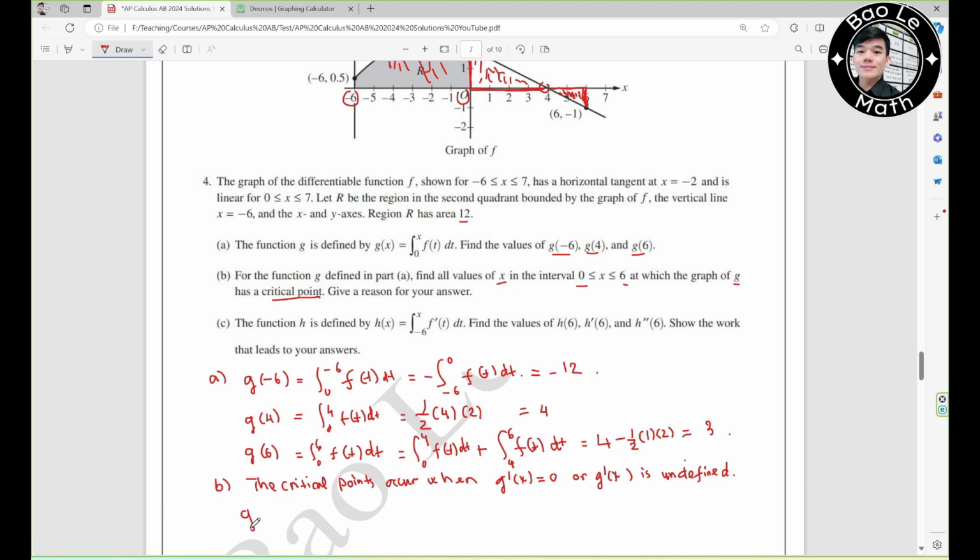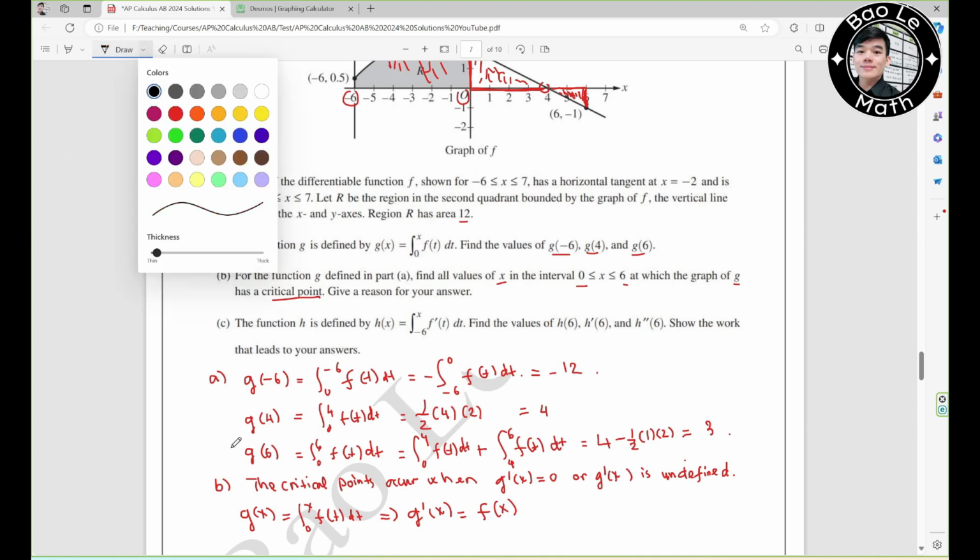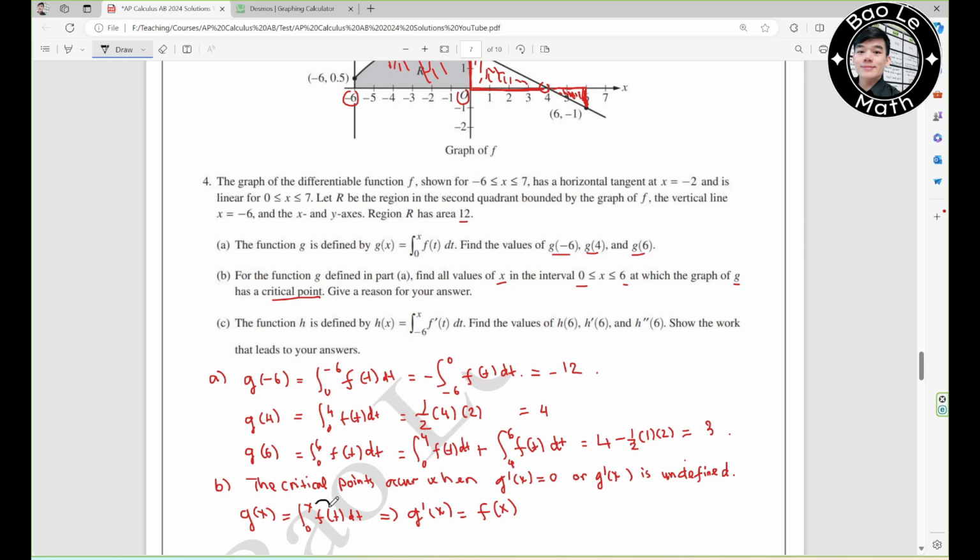Now we have g of s is the integral from 0 to s of f of t dt. So we're going to take the derivative of this one. So g prime of s is going to be f of s. Right? When we take the derivative, we just substitute s over here. So we have f of s right here.